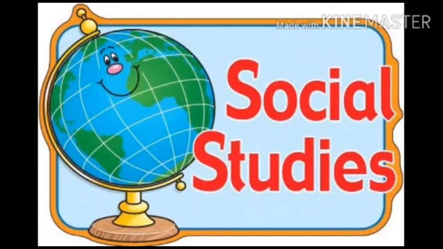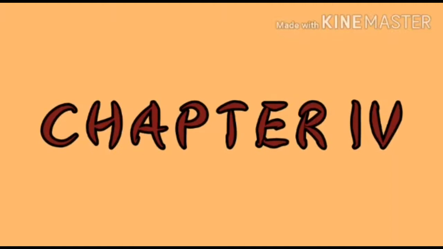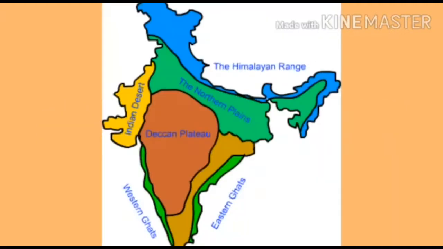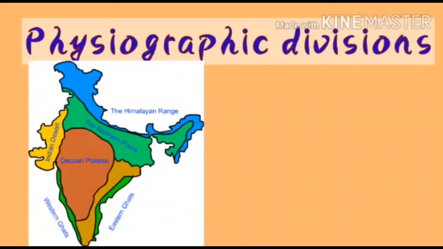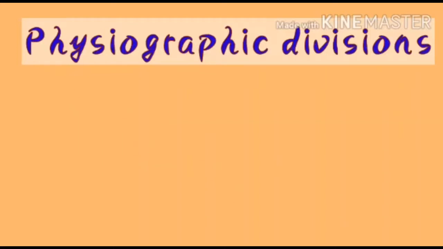Today we are going to see chapter 4. Children, we know physiographic divisions in India. We discussed in previous video. Do you remember? How many physiographic divisions are there in India? 6 physiographic divisions.